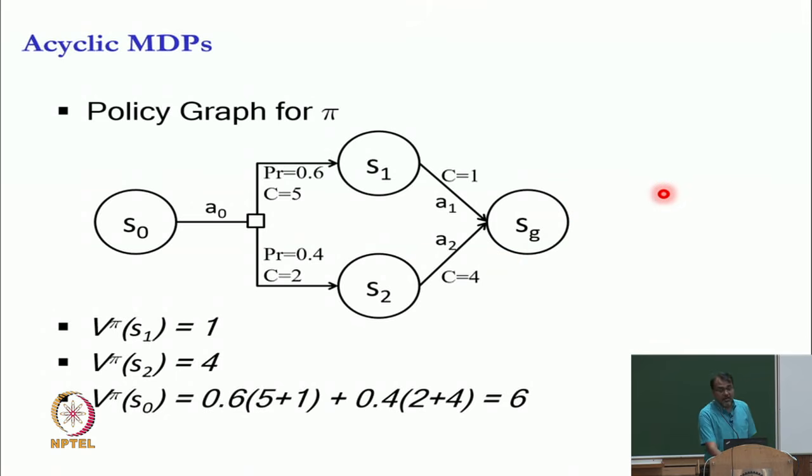If I give you such a graph, is it going to be very hard for you to compute this? No. V pi of goal will still be 0, V pi of S1 will be 1, V pi of S2 will be 4, because these are deterministic edges, and even V pi of S0 will be nothing but 0.6 times 5 cost plus 1, which is the V pi of S1, and 0.4 times cost 2 plus 4, which is the V pi of S2, and that will still be 6.